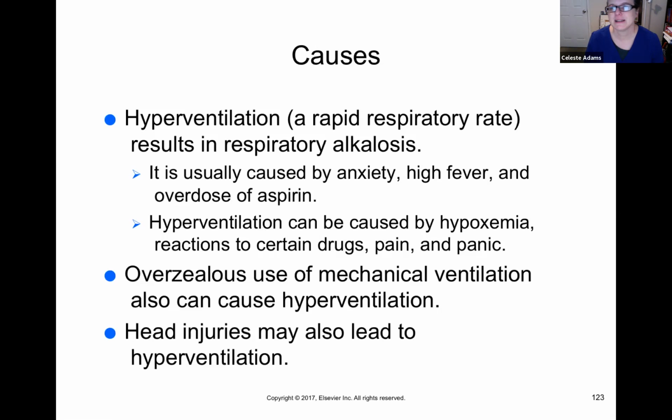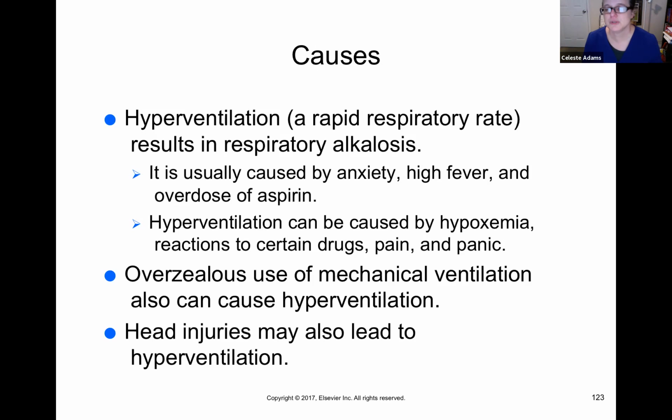Because you breathe in and out, the body's not having time to retain that CO2, and the CO2 is just getting breathed out.